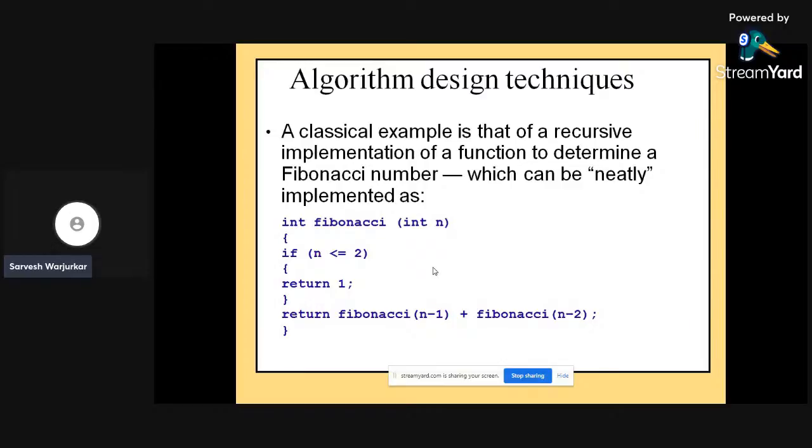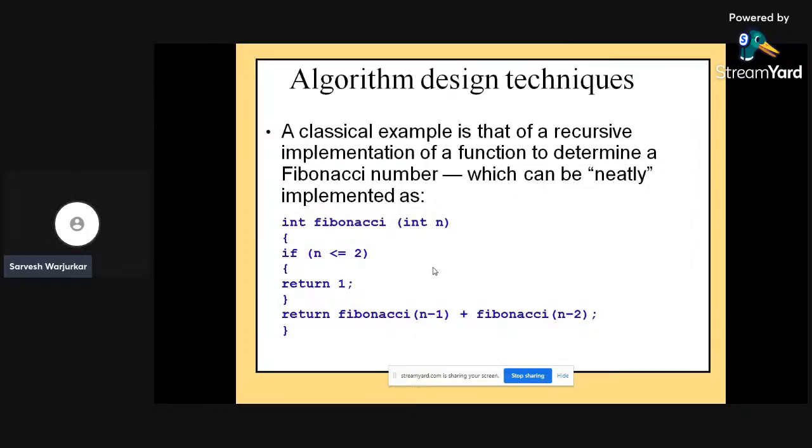In simple words, the problem should be divisible into smaller overlapping subproblems, and the optimum solution can be achieved by using the optimum solutions of the smaller subproblems. Dynamic algorithms are memorization algorithms as well.